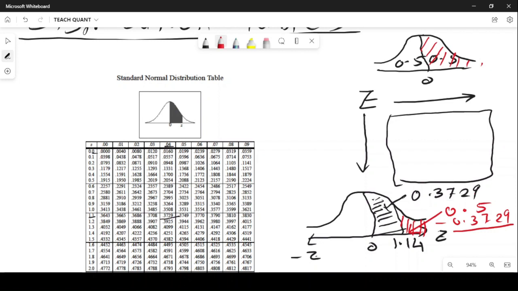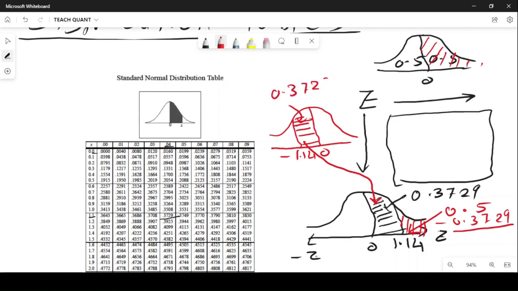The same case would apply if I'm dealing with the negative side. For example, I have a curve, and on this end, I'm told this is negative 1.14, and I'm told to find this area. Because of symmetry, this portion is equal to this. So this portion will be equal to 0.3729. They are equivalent because the normal distribution curve is symmetrical.